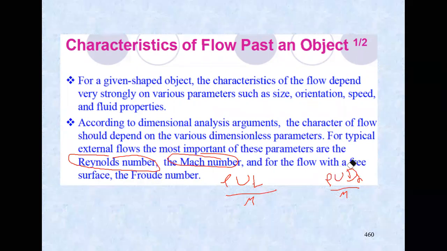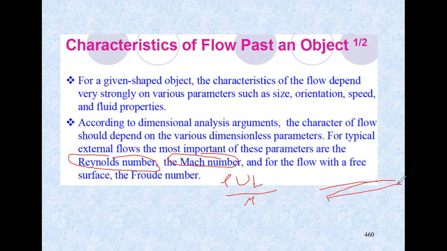But in external flow, you use what we call the characteristic length. Usually, if it is flow over a plate, then the length of the plate will be your characteristic length. If it is a cylinder, for example, then the perimeter will be your characteristic length.